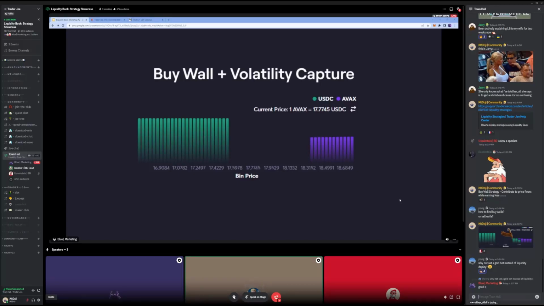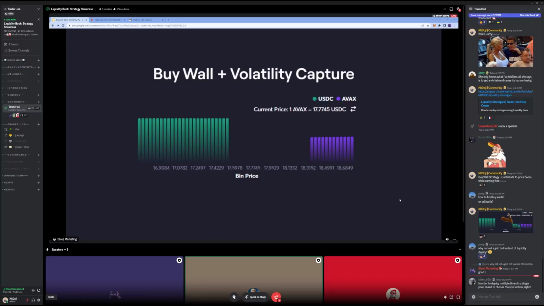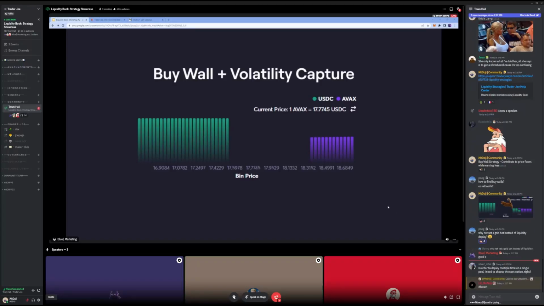Liquidity Book, however, very much simulates one grid step for every bin. So if you do, for example, on products like 3Commas, you will select to have 50 grids, each of them having 100 bips of distance from each other.